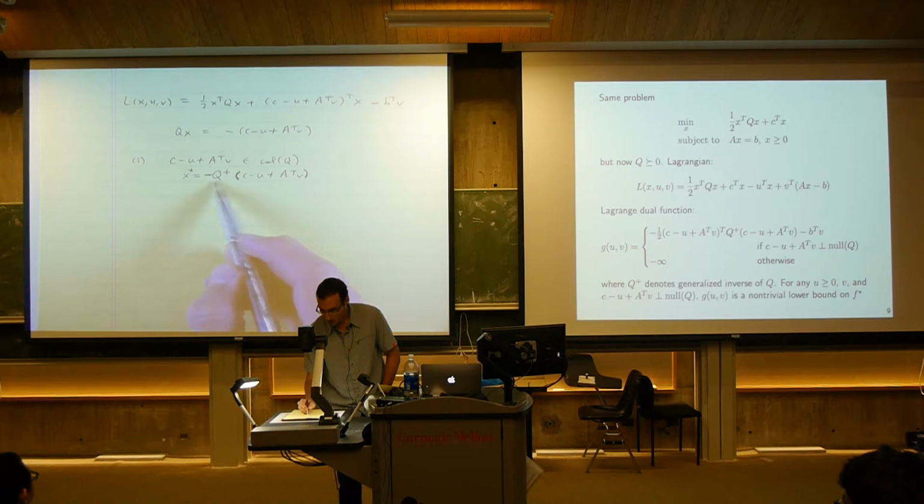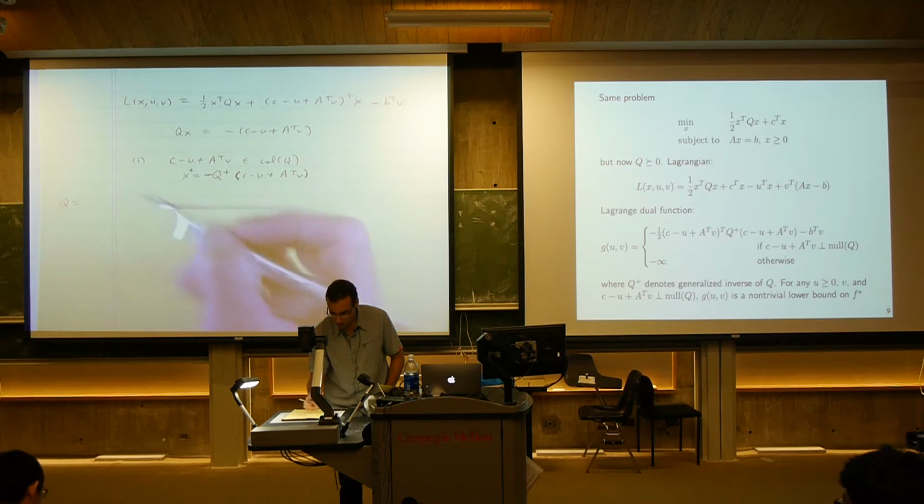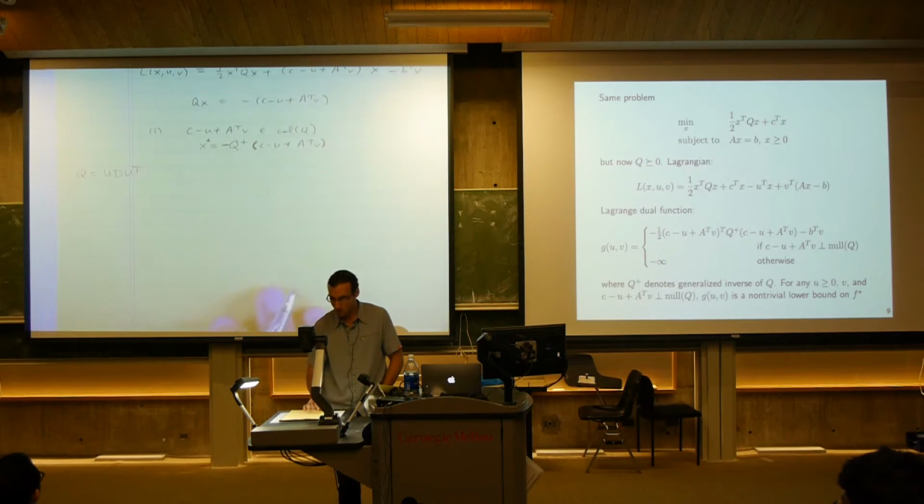This Q pseudo-inverse is sometimes called the generalized inverse. It's usually defined in terms of the singular value decomposition. Q here is symmetric, so we can use just its eigendecomposition. Suppose we were to write Q as U D U transpose, right?